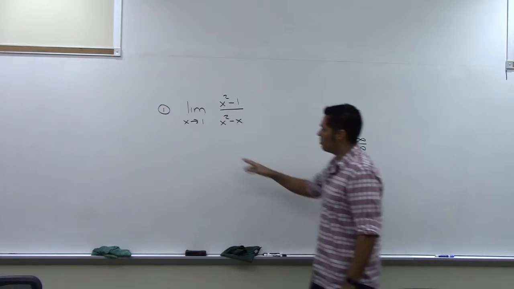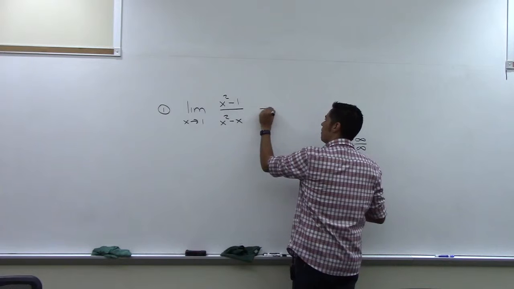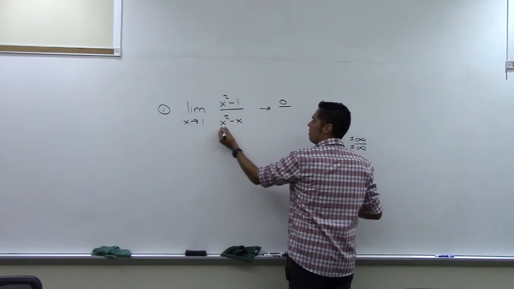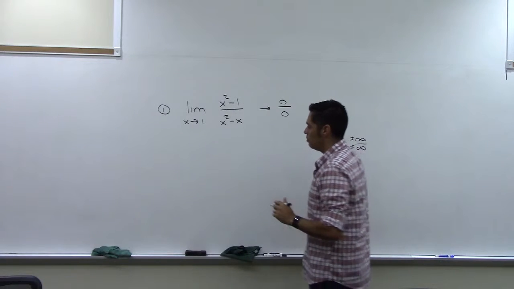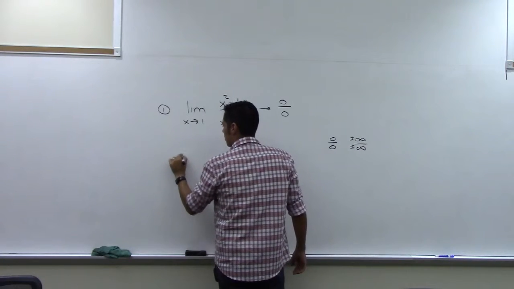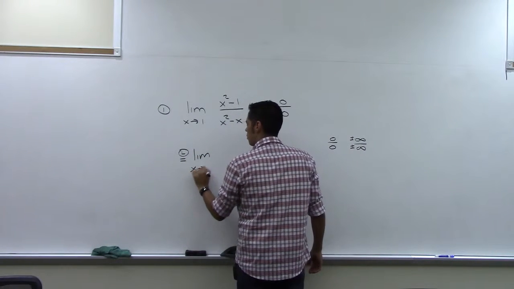Now, if I let x go to 1 here, we get 1 squared minus 1. The top is headed to 0. The bottom is 1 minus 1. That's going to head to 0. So we do have what we need for L'Hopital's rule. So I'm going to say that this is equal to, by L'Hopital's rule, the limit as x approaches 1.